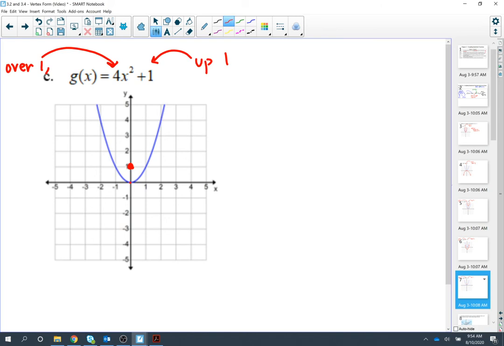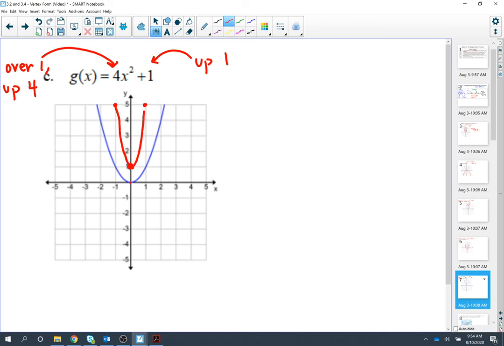You know, positive means up, negative means down. Up 4. Which means the 4 is pretty big. That's bigger than 1. So this thing is going to get really skinny. So over 1, up 1, 2, 3, 4. Over 1, up 1, 2, 3, 4. And you do it on both sides because the parabola is symmetric. And then you're going to make your best, not a V. Don't draw a V. It's a U. So I'm going to try my best.